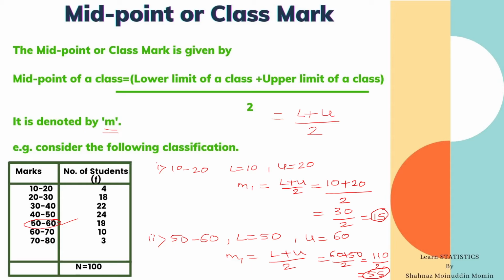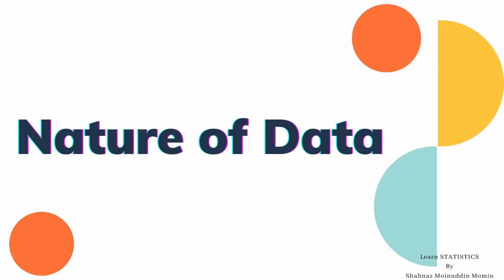Now let us see the next term, nature of the data. While calculating the statistical terms, we must know the nature of the data. According to the nature of the data, there is a modification in the formula of calculation.